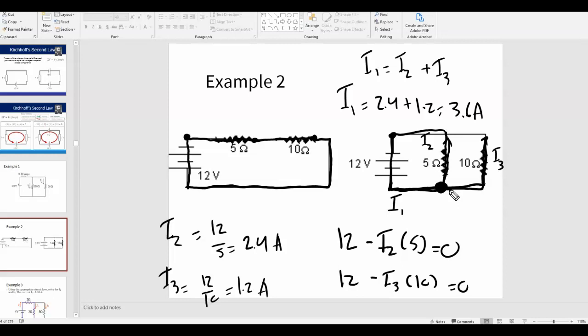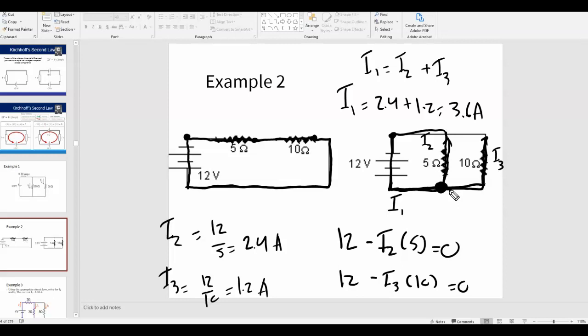If one path has 5 ohms and the other path has 10 ohms, in other words, if one pathway has twice as much resistance, that means the current that goes to the 10 ohm resistor is going to be half of what goes through the 5 ohm resistor.